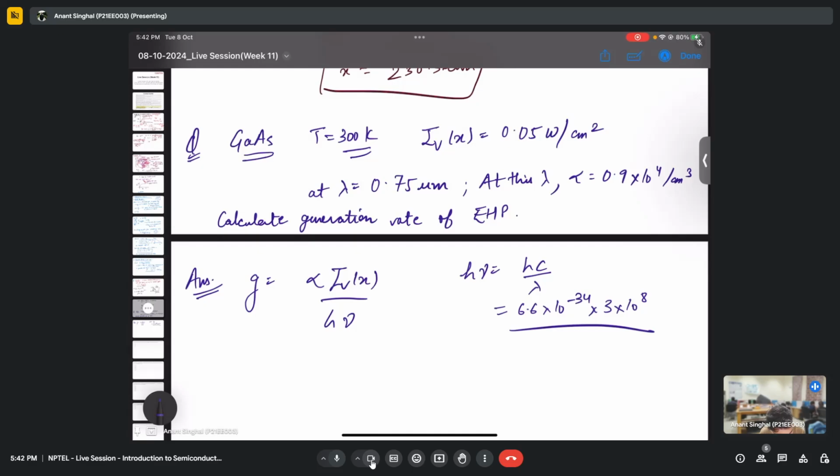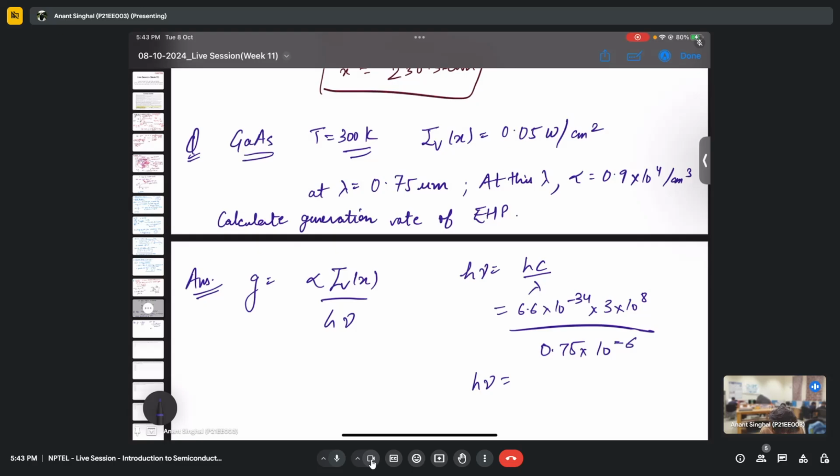and we have lambda, which is given by 0.7 micrometer. So I guess it is in centimeter. I need to convert it in centimeter because everything is in centimeter in this particular problem. So this will come out to be... Okay, let's say this is in meter itself because the final thing will be joules per second only.